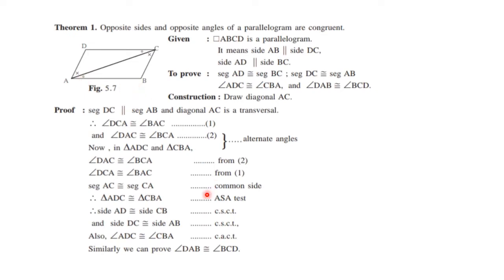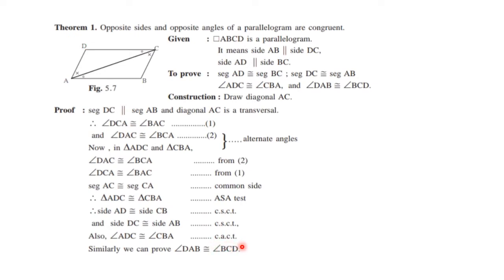That is because of CSCT, corresponding sides of congruent triangles. Similarly, angle ADC is congruent to angle CBA, and angle DAB is congruent to angle BCD by CACT, corresponding angles of congruent triangles.